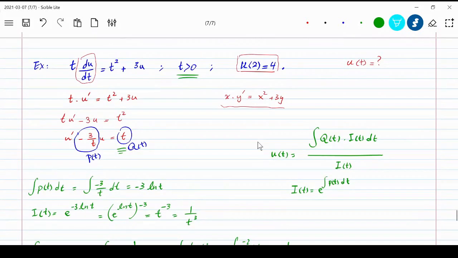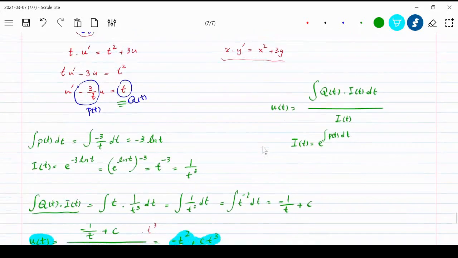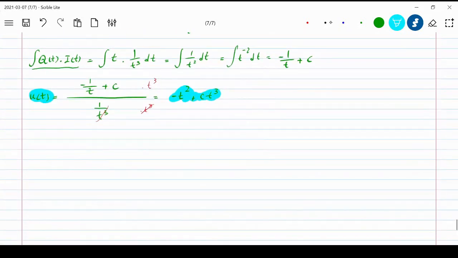Since we are looking for a particular solution, we just need to replace 2 for t and figure out what this constant c is. Since u is given as 4, when you replace t with positive 2, you get negative 2 squared plus c times 2 cubed. So here you would have negative 2 squared, which is negative 4, so you'll get 8 equals c times 8, so therefore c must be 1.